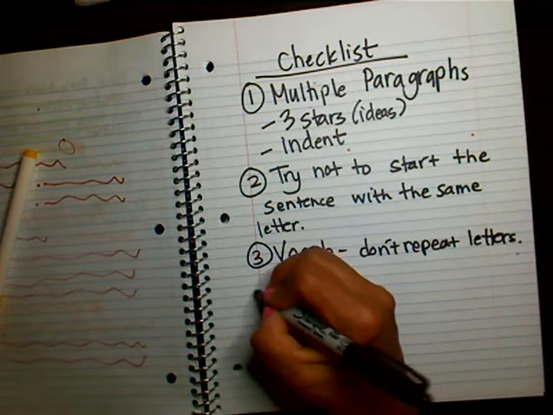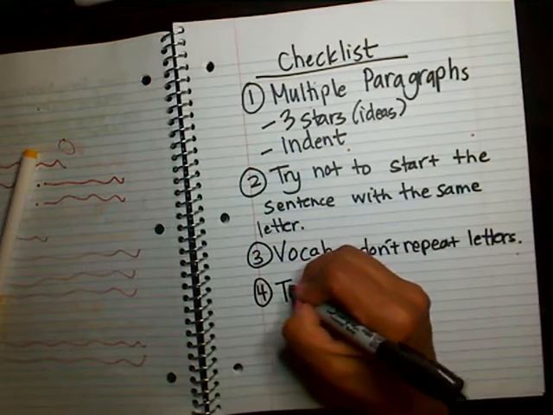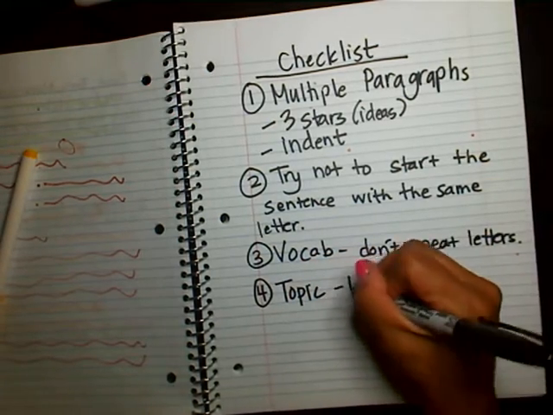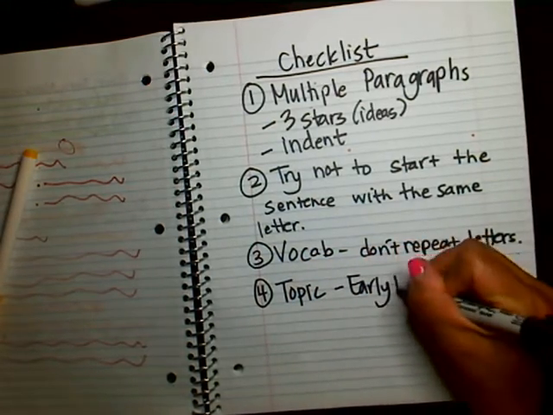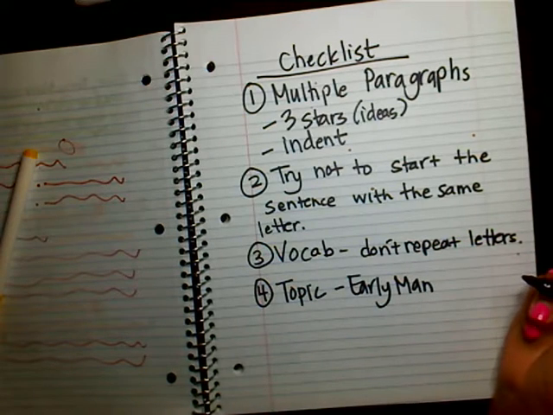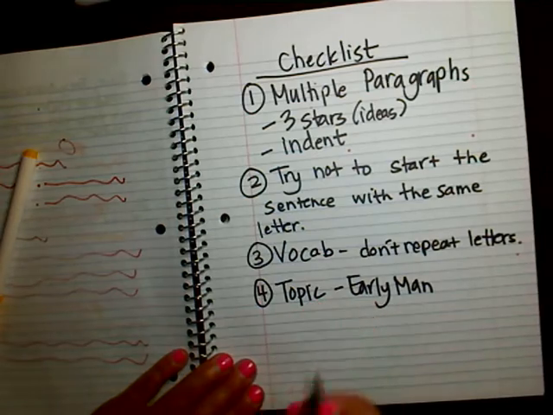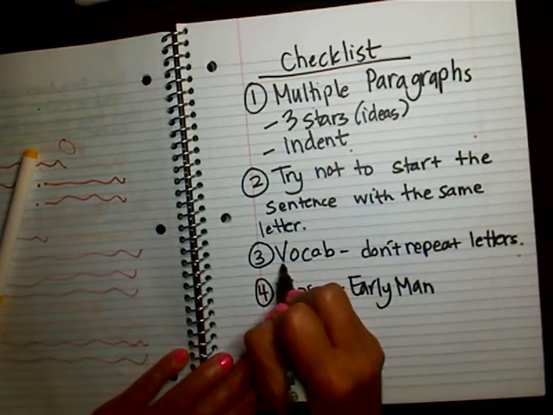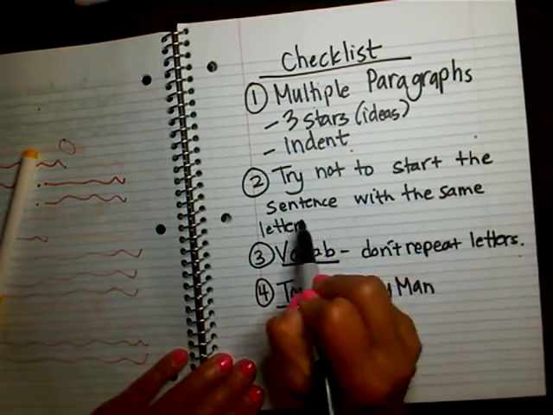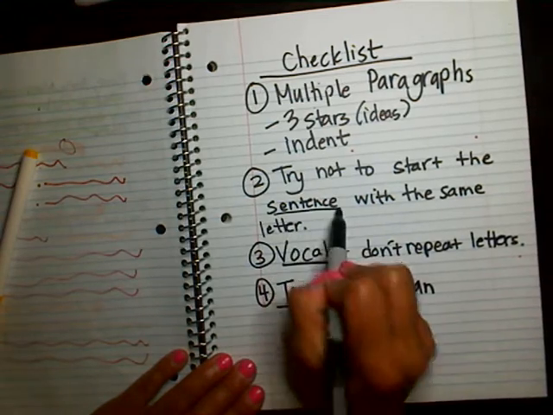And most importantly, am I on topic? I've got to make sure I'm talking about the topic. If my topic is early man, okay, then I shouldn't be talking about going to a grocery store because they don't go. So we've got to make sure that we stay on topic. We've got to make sure we use the right vocabulary. We're going to try not to start the sentence with the same letter.